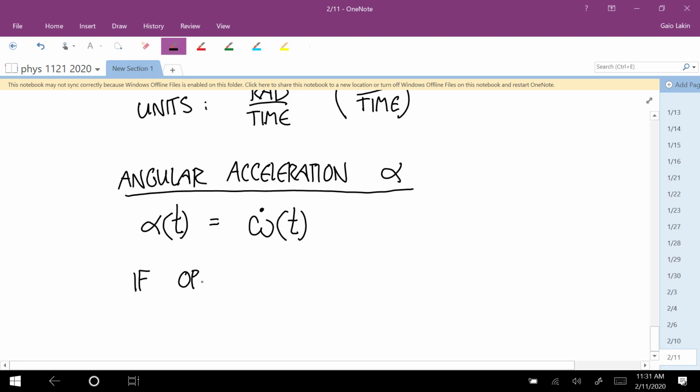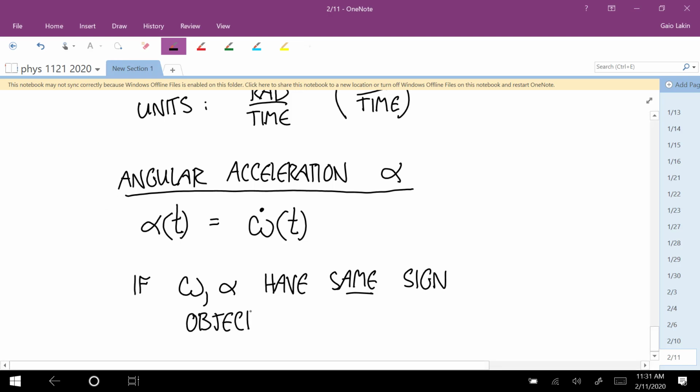Let me reword this. So if omega and alpha have the same sign, what would you guess is happening with the object's motion? Yep.